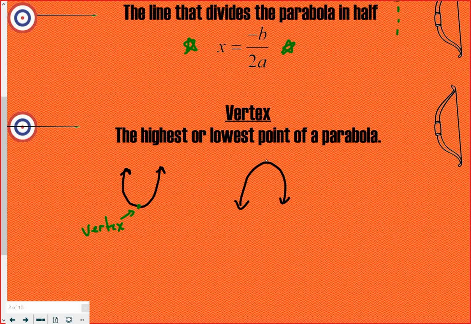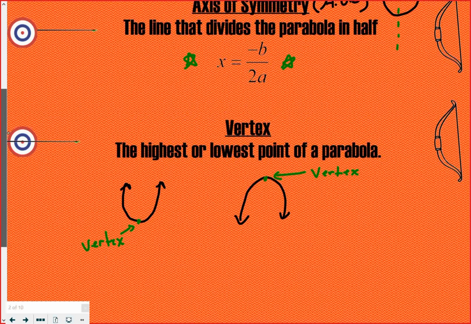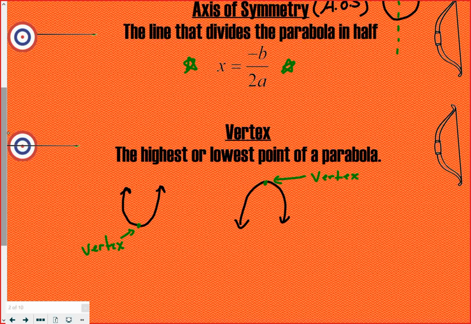Same thing here: if I have a graph that's opening downward, this is going to be my highest point, also known as my vertex.